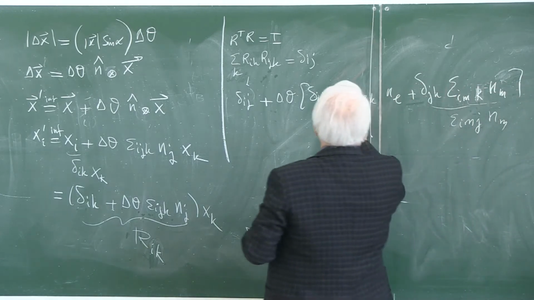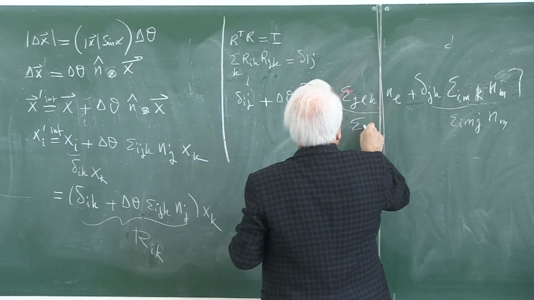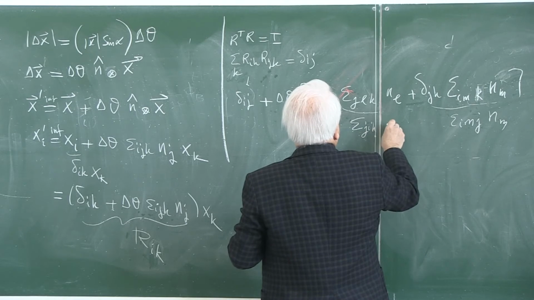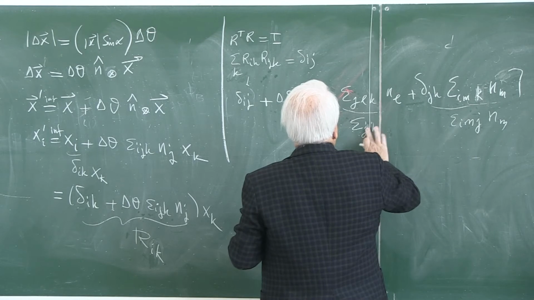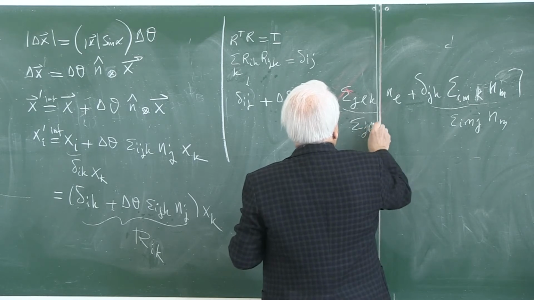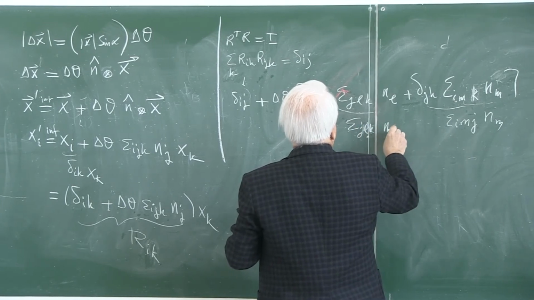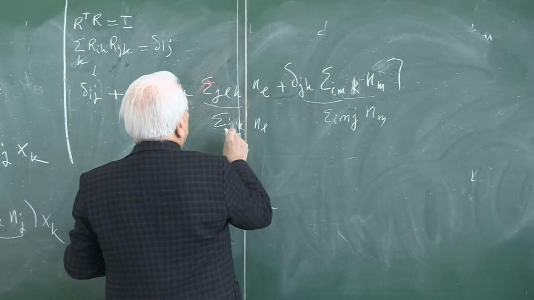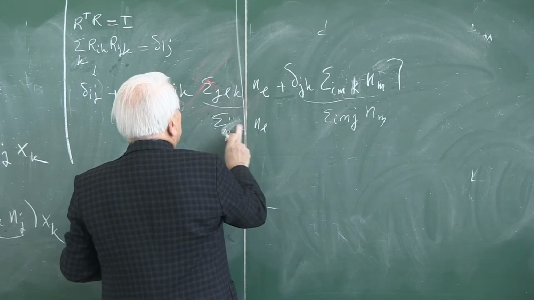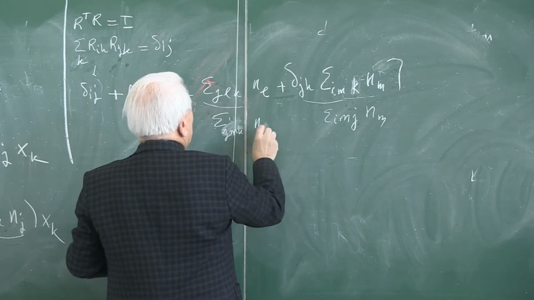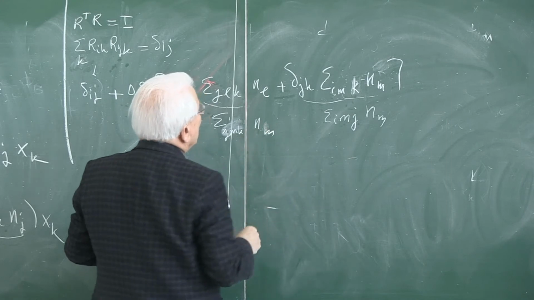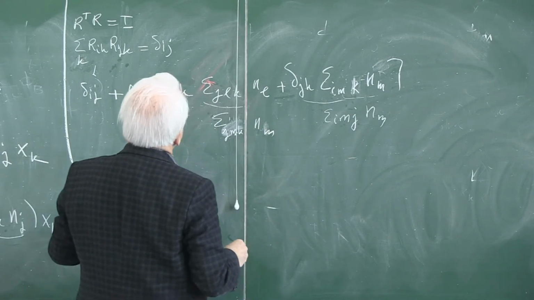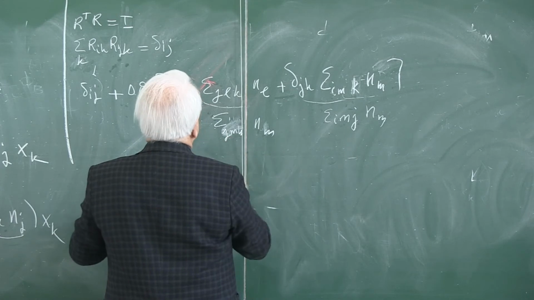This becomes epsilon jik n l, jlk n l. Change the l to m, jmk, imk. Now what am I doing?